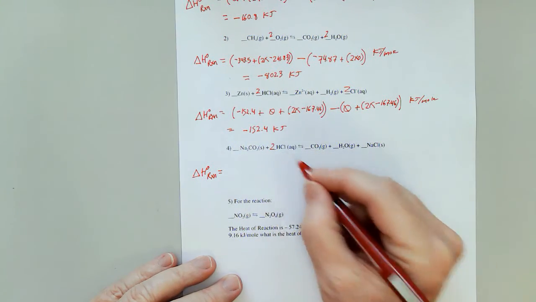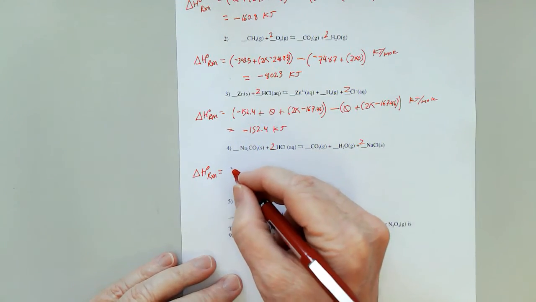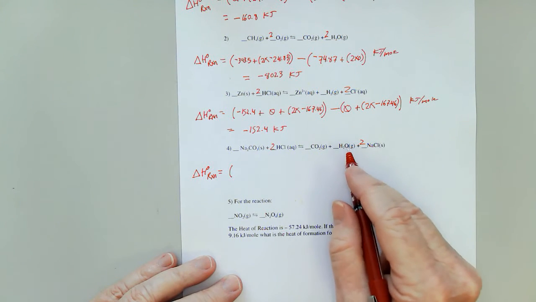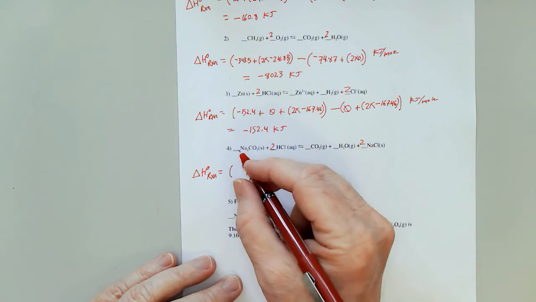So 2 HCl, 2 on the NaCl, 2 times the value, 1 times the value for this, 1 times the value for this, 2 times the value for that.